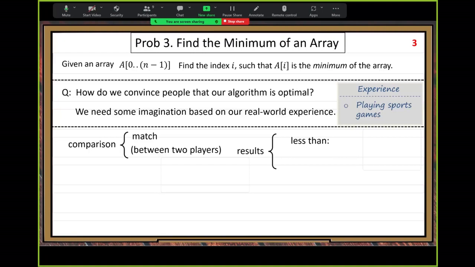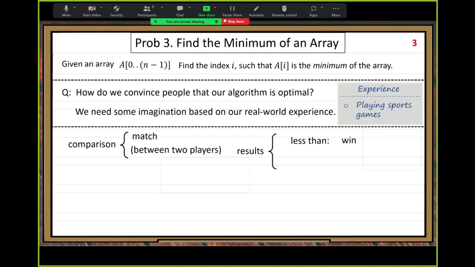Minimum means the smaller the better. So we want to make the smaller one the winner, because we want to select the smaller one. Otherwise, if we want to find the maximum, then the larger the better, and we make the greater one the winner. Here, the smaller is the winner, because we want to find the minimum.